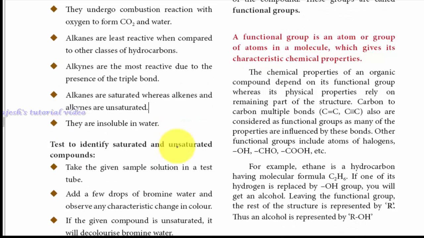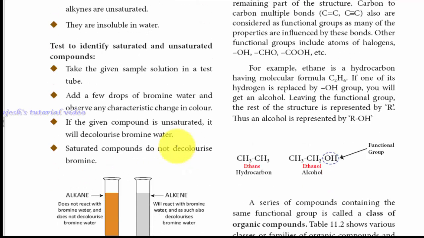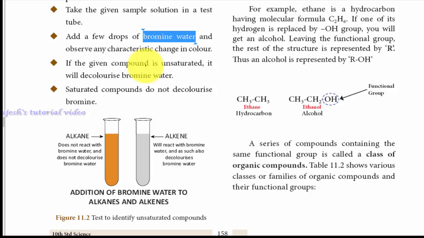How will you know whether a solution is saturated or unsaturated? There is a test for it. You take the sample solution in a test tube and add a few drops of bromine water to it. Bromine water is nearly orangish in color, and if the color remains as such, with no change in the color of the bromine water, then the solution is saturated.